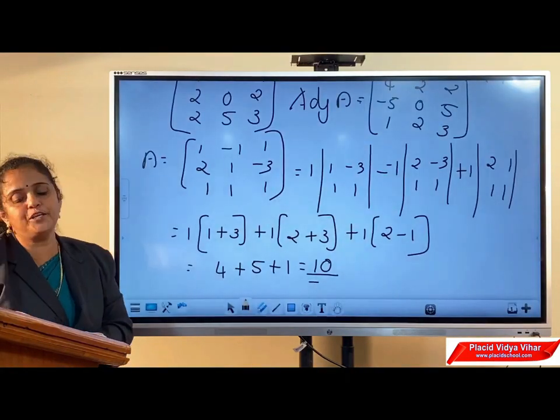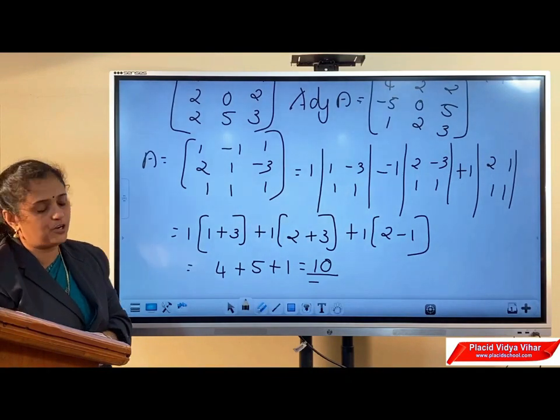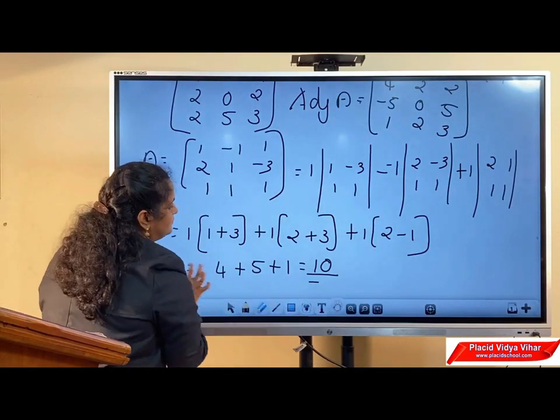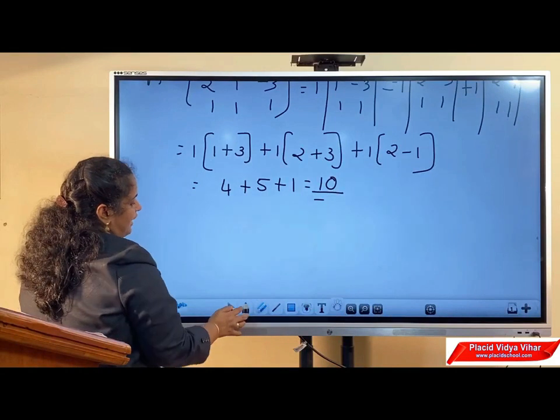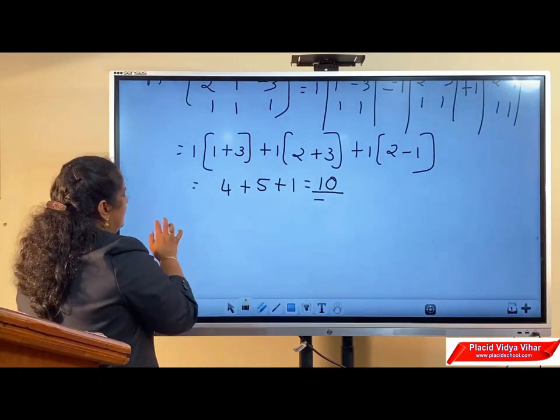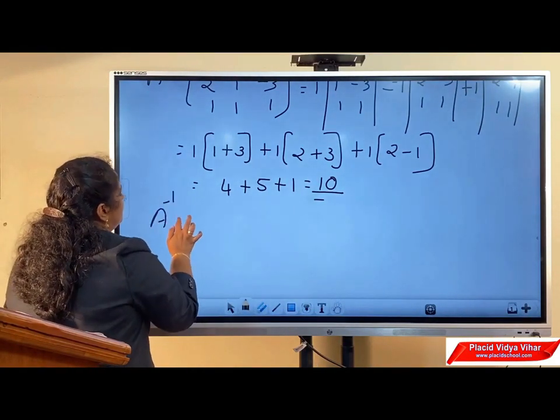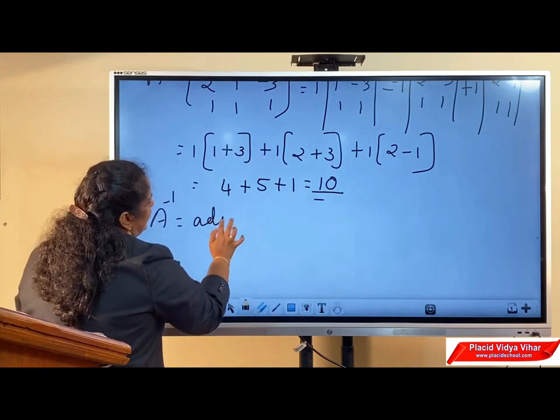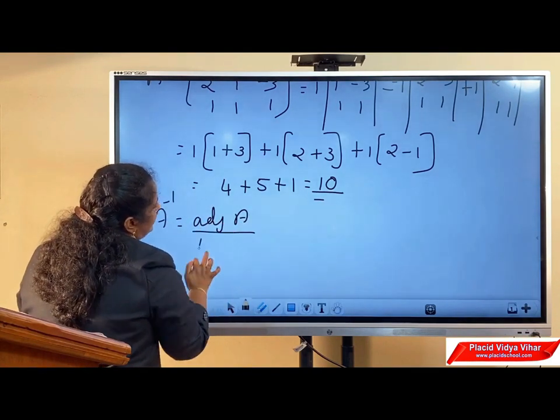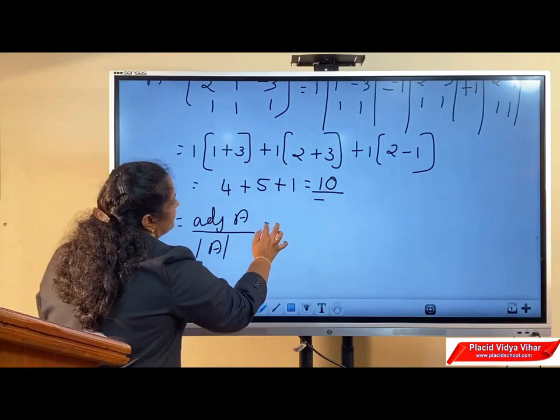A inverse is equal to the adjoint of A divided by the determinant of A. The adjoint of A, we already got the answer. The determinant of A is 10.